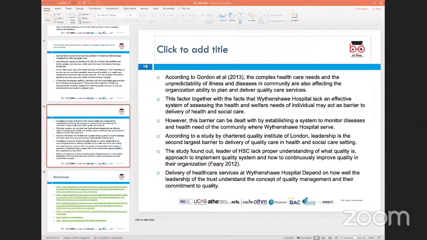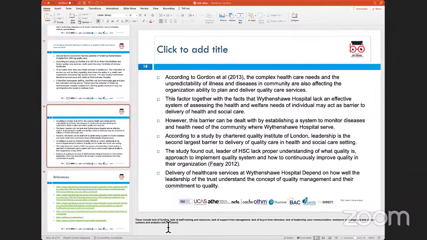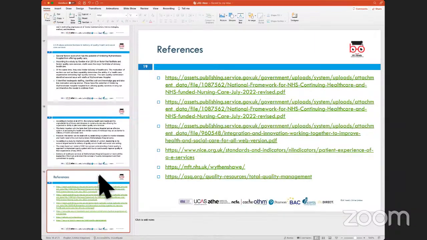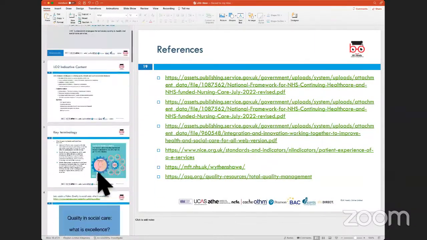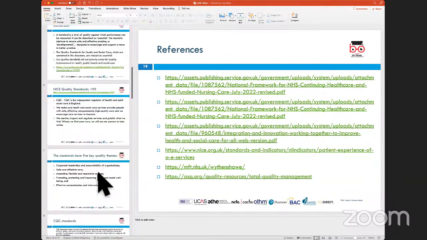Then we are looking at poor communication, and systems and implementation of these systems from an infrastructural point of view. They tend to be the barriers that will impede the delivery of quality services within any particular health and social care setting. So I hope with this session, you've understood learning outcome 2 in a great amount of detail.